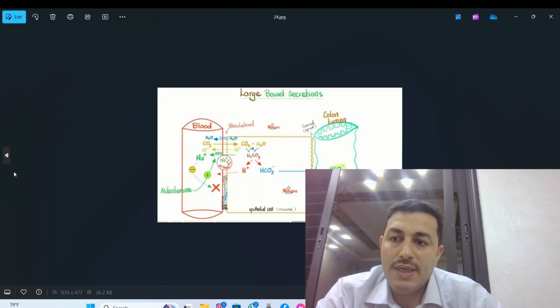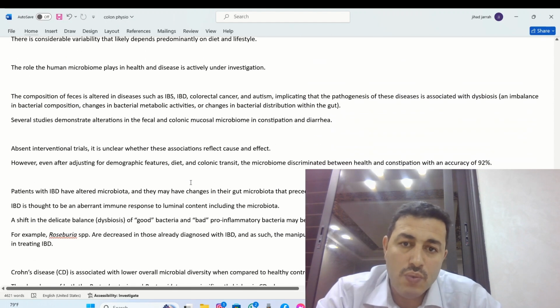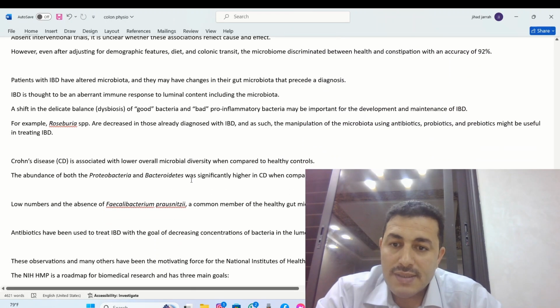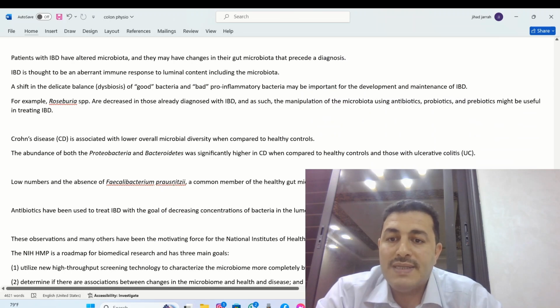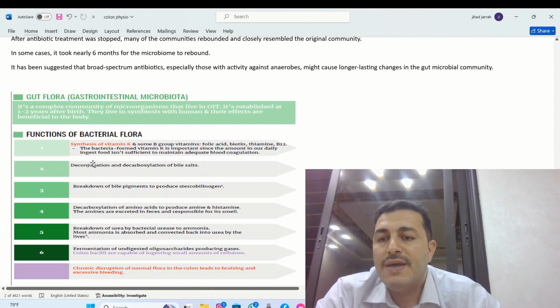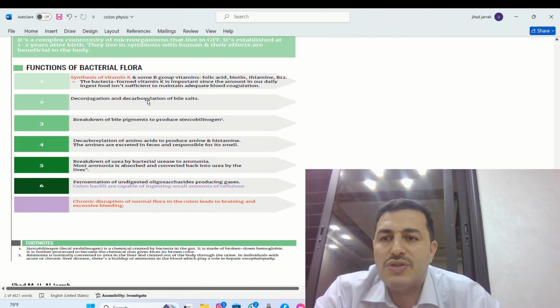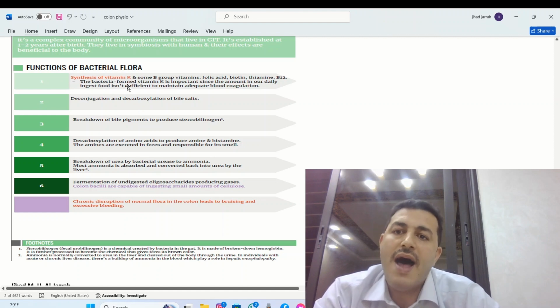What else we want to add regarding the microbiome is Faecalibacterium prausnitzii, which, as we said, is decreased in or associated with patients with ulcerative colitis. This is a nice picture that shows you the function of the gut flora and highlights some other functions, for example synthesis of vitamin K and some group B vitamins.